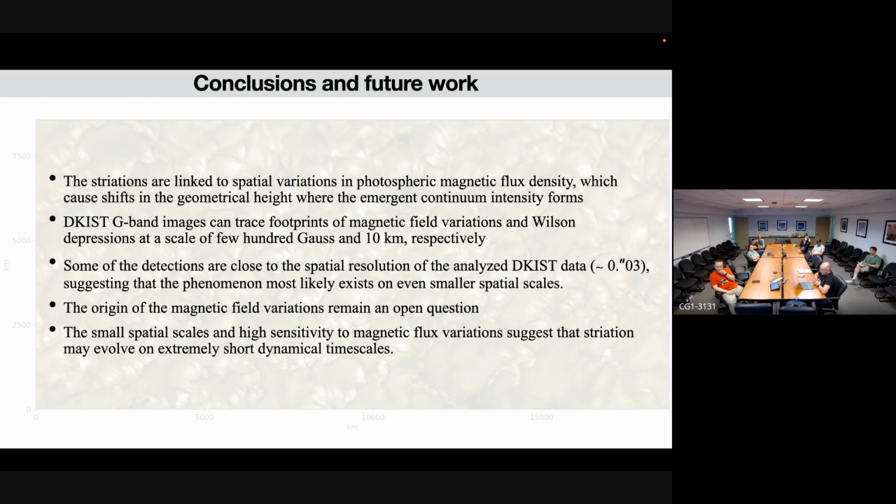These dynamical timescales could give us important information about some fundamental processes in the photosphere and possibly in the chromosphere and corona.